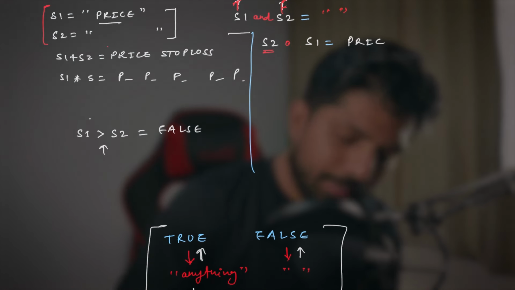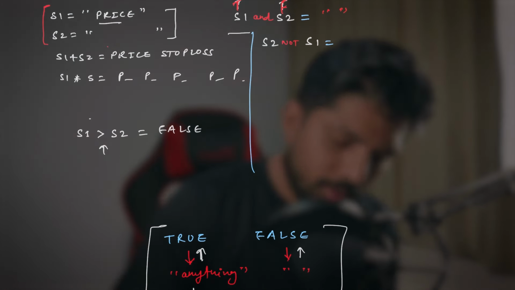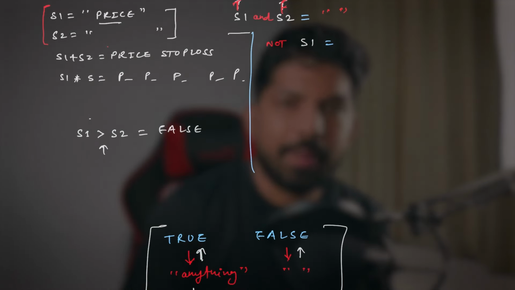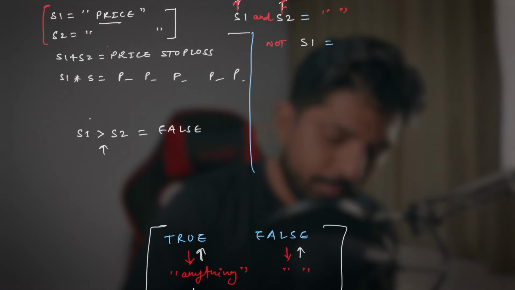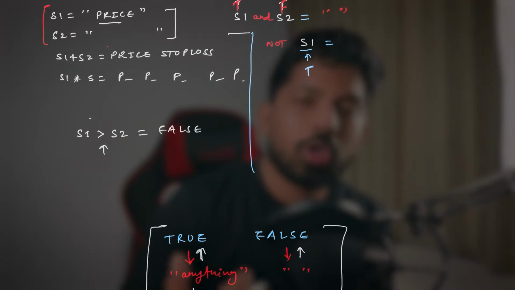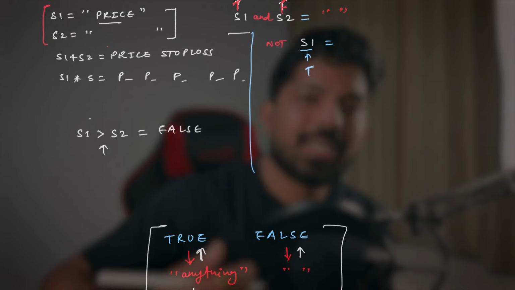Then the last one we have is not. In not, what happens? Not applies on only one value. So let's say we have S1 and we apply the not operation. S1 is not empty, meaning it is true. And as we know, the not logical operation always reverses the real output.